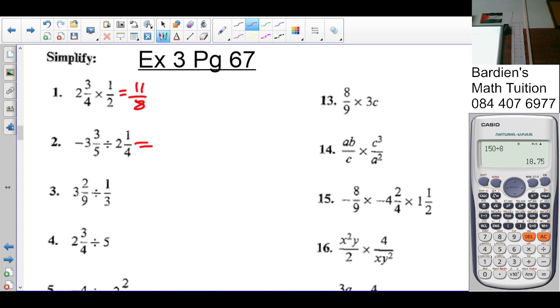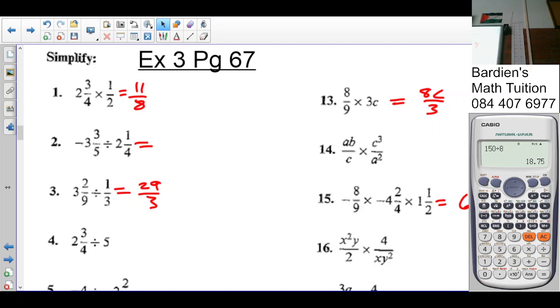Number 2, or odd numbers. Number 3, 29 over 3. Number 13, 8c over 3. Number 15, 6. So any of the sums on the board, is there any issues there? Any problems with number 1?